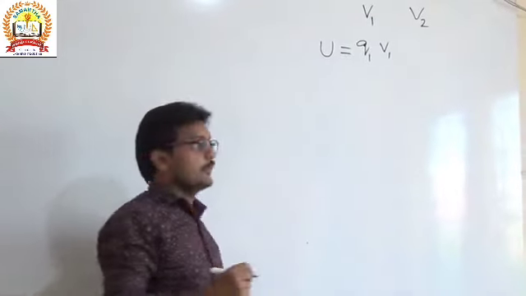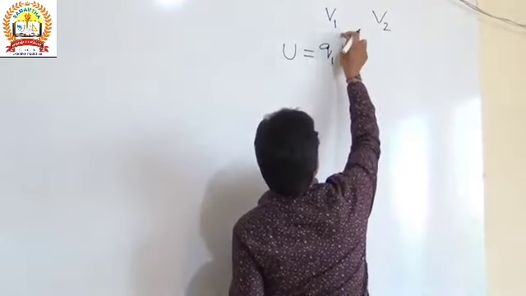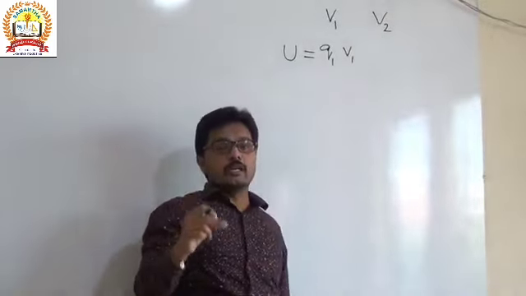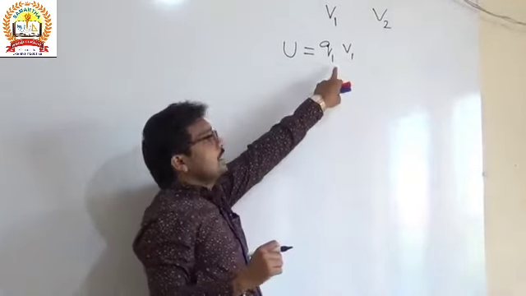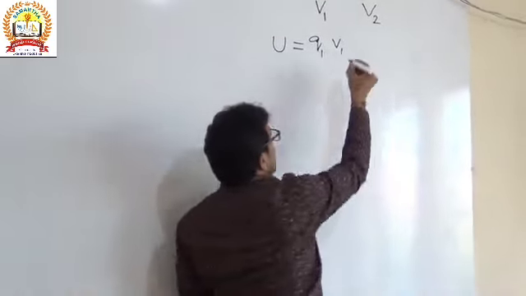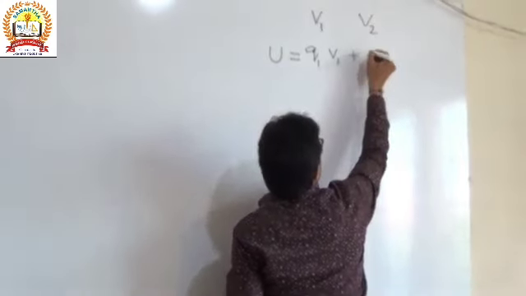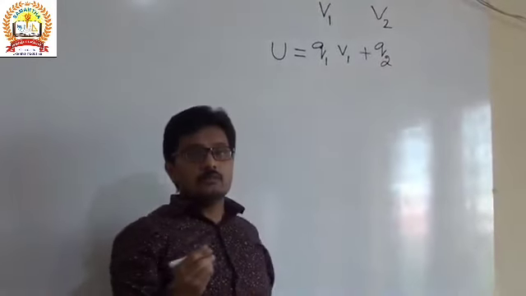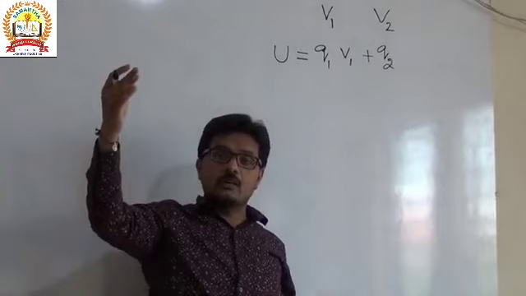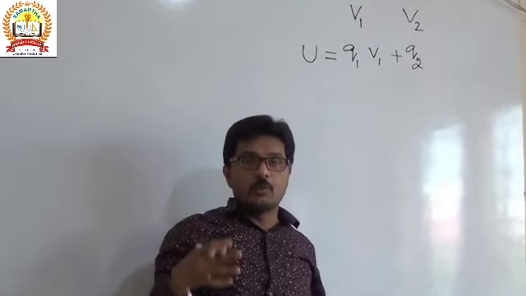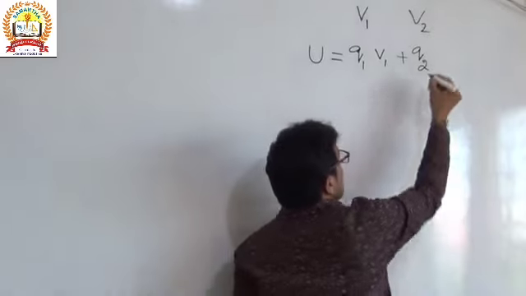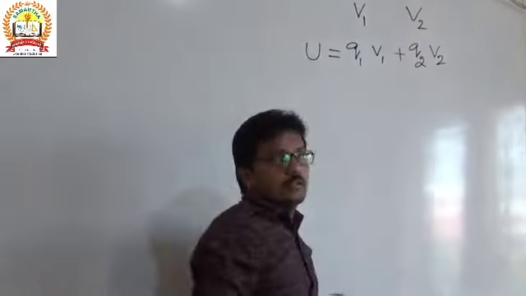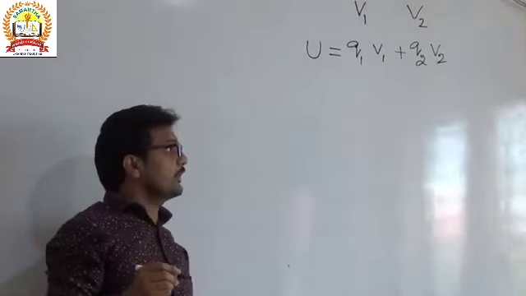So Q1 V1 is the work done to bring the charge Q1 into the field against the electric field, plus the work done to bring another charge Q2 from infinity to the point where the potential is V2. V2 is the potential due to the external electric field.